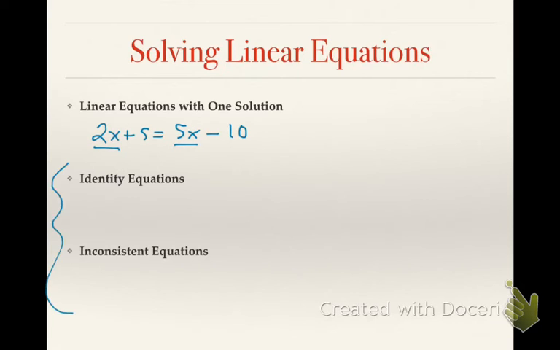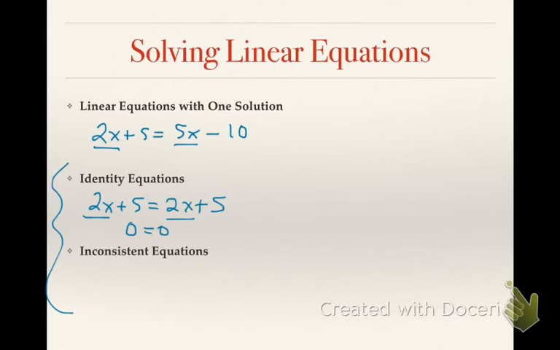Identity and inconsistent equations occur whenever you have the same coefficient in front of the x. So if I got something like 2x plus 5 is equal to 2x plus 5, notice both the x terms have the same coefficient. If you were to solve this equation further, this is called an identity because you get something that's true: 0 is equal to 0. Subtract the 2x from both sides, subtract the 5 from both sides.